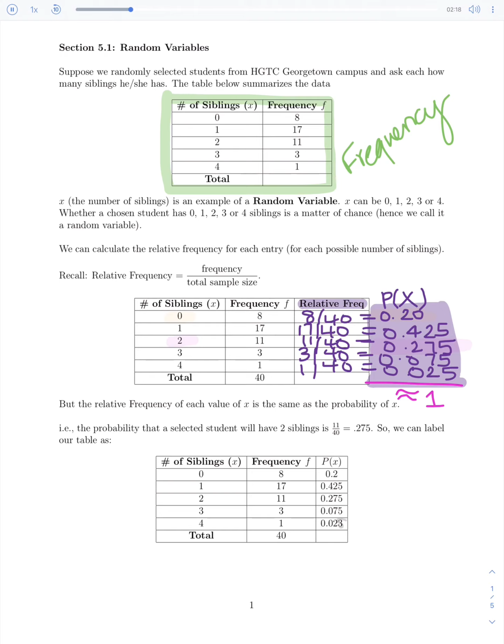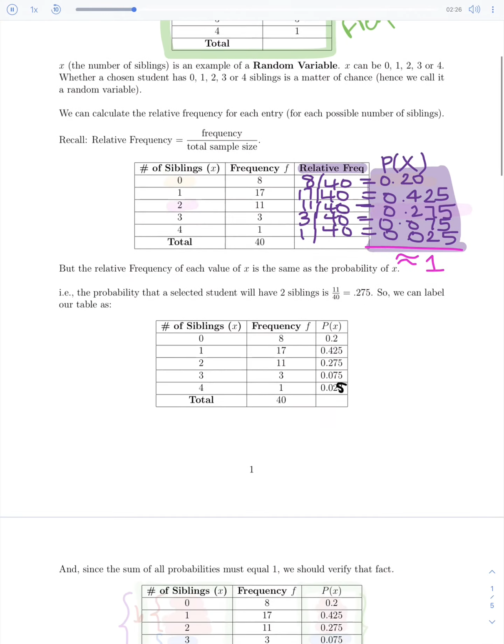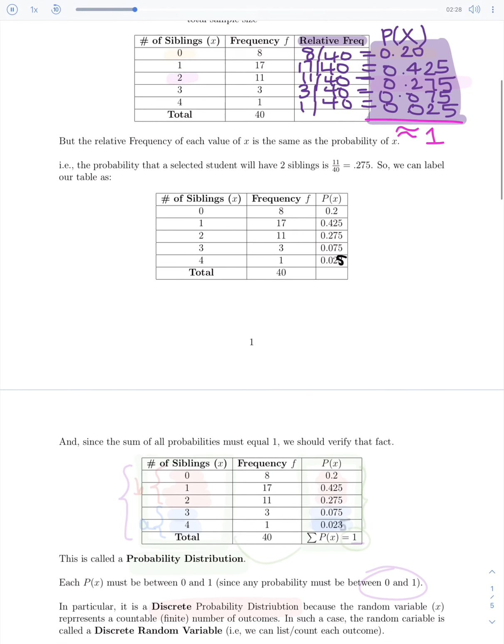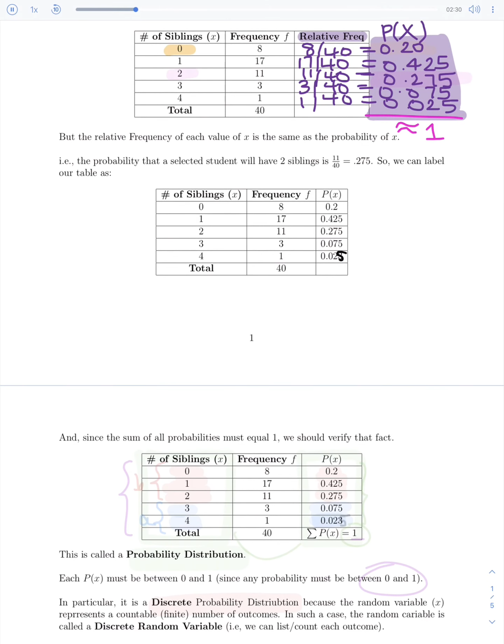What that now stands for is the probability. So just reading the first one, to give you an idea, the probability of selecting someone with 0 siblings is 0.2. The probability of selecting somebody with 2 siblings is 0.275, and so on and so forth.